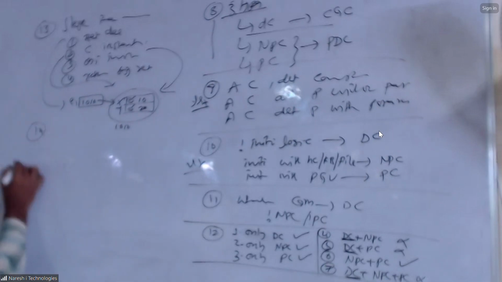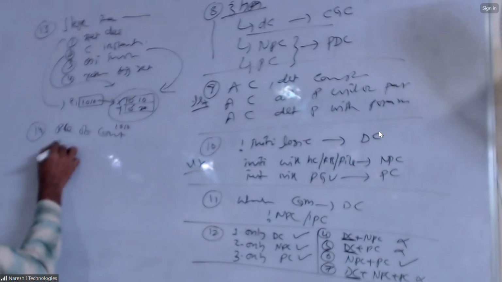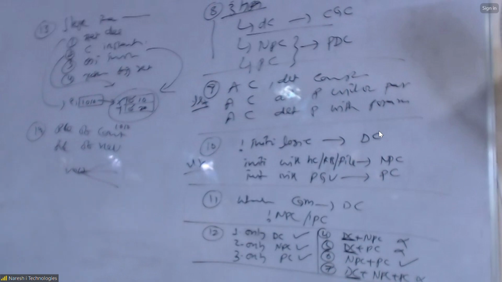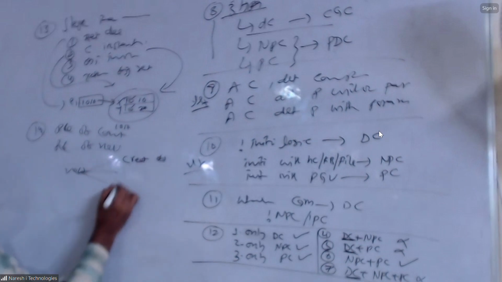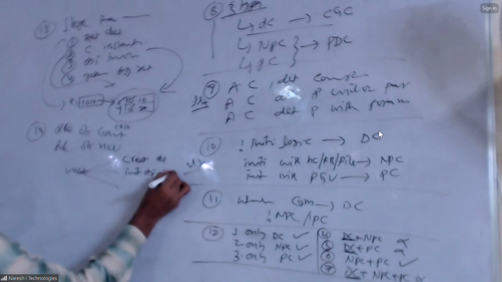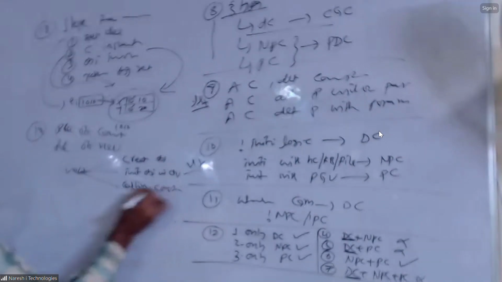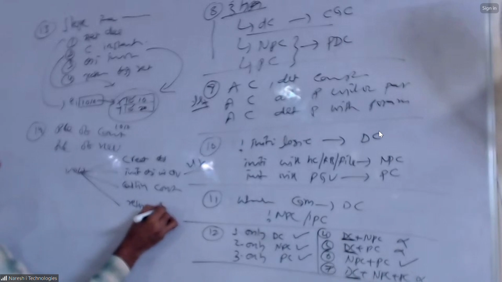Then the 14th point: the role of the constructor and the role of the new keyword. The new keyword is responsible for performing operations: number 1, create the object; second, initialize the object with the default values; third, call the constructor; fourth, return the object reference.